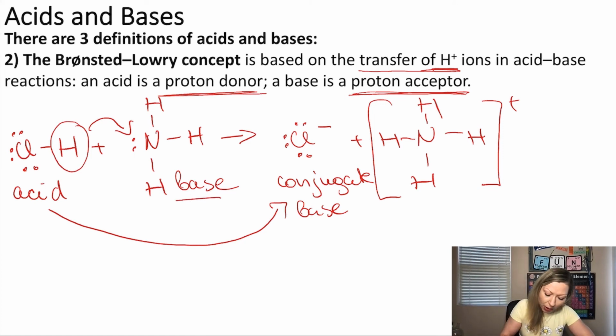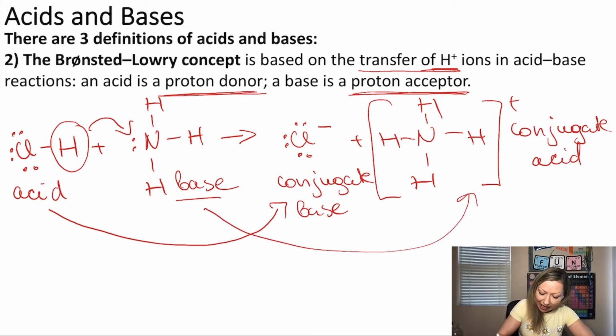Similarly, our ammonia is going to produce a conjugate acid, which contains the H plus ion, and the base does not contain it. Okay, so an acid is going to produce a conjugate base, and the base is going to produce a conjugate acid in an acid-base reaction.